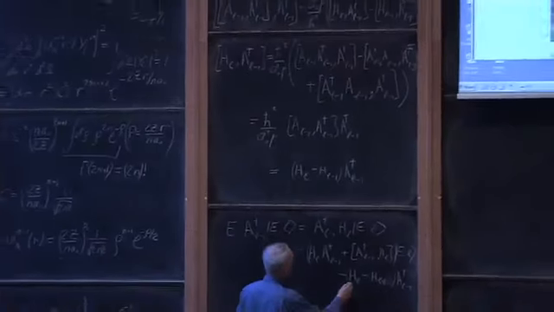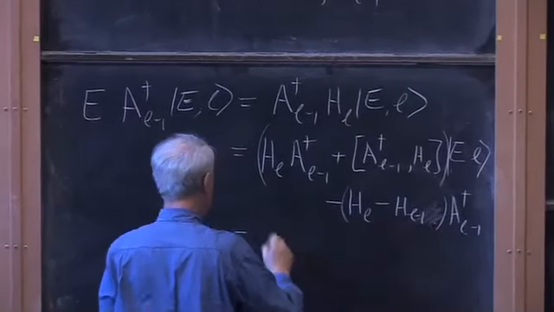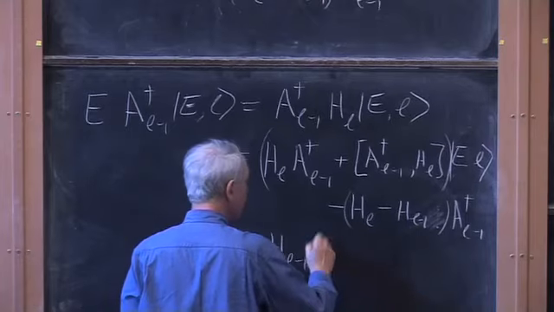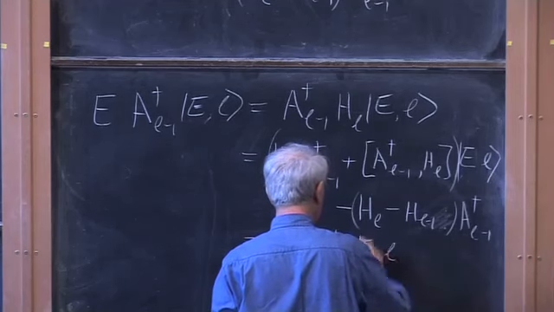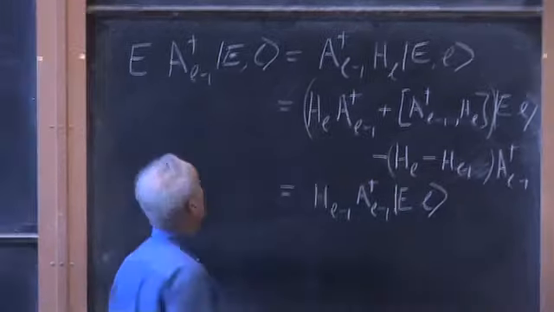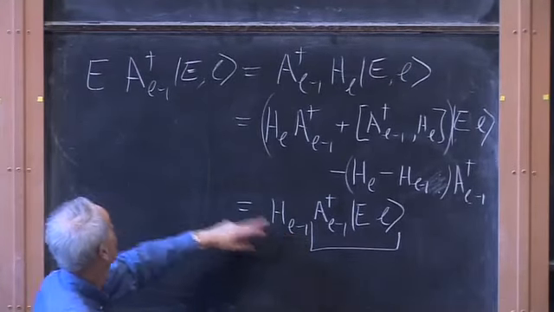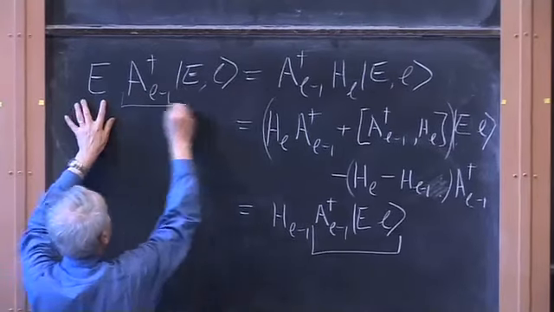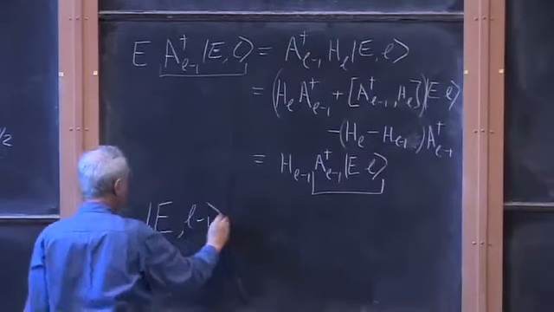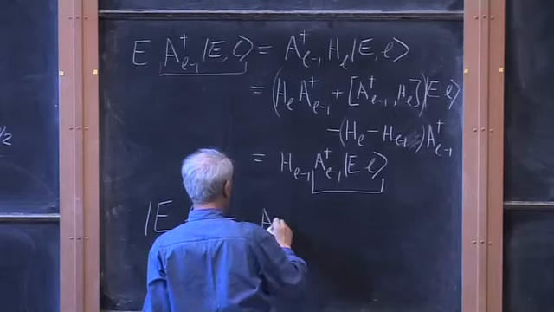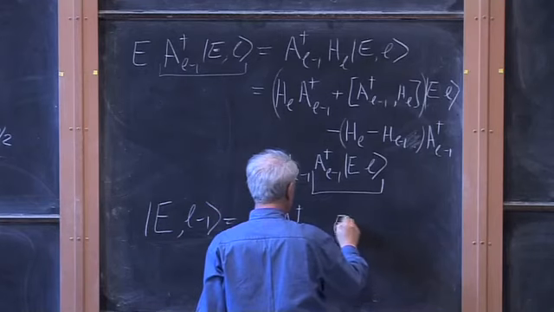So the undesired terms cancel, and we are left with minus minus, which is plus, H_{L-1} A_{L-1} dagger E_L, which is the equation that we require, because it says that this object is an eigenfunction of this operator with the same old eigenvalue. So this establishes that E_{L-1} is some multiple of, to be discussed, A_{L-1} dagger E_L.